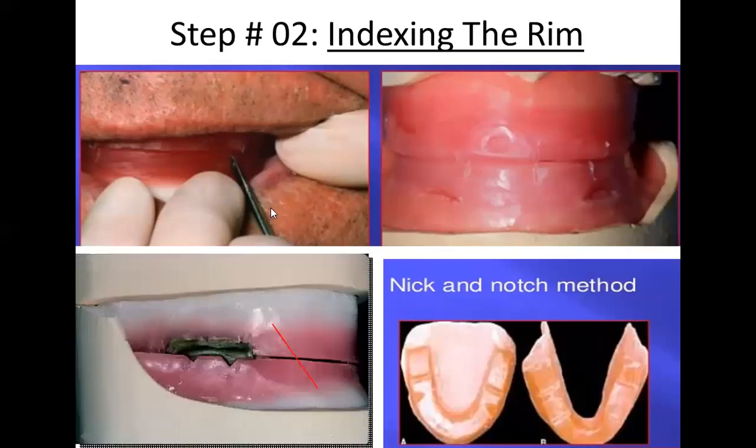Multiple times you must see the coincidence of this line. If the line on the maxillary rim is not coinciding with the line on the mandibular rim, that means your CR is not consistent. If you want your CR to be accurate, this line must coincide each time.